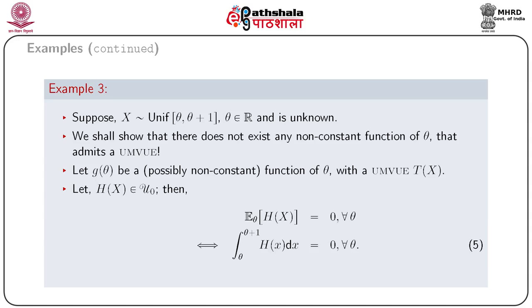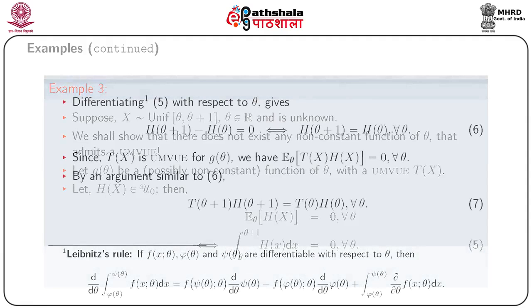Let h(x) be any unbiased estimator of 0, that is, expectation of h(X) equals 0 for all theta, which implies the integral from theta to theta plus 1 of h(x) dx equals 0 for all theta.